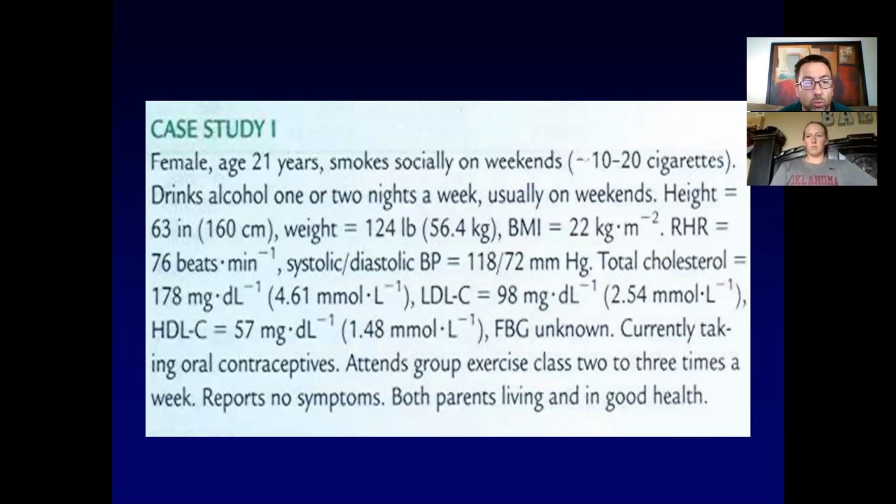Her total cholesterol is 178. Her LDL is 98. Her HDL is 57. We do not know her fasting blood glucose. She is currently taking oral contraceptives. She attends group exercise class 2 to 3 times a week. She reports no symptoms. Both parents are living and in good health.